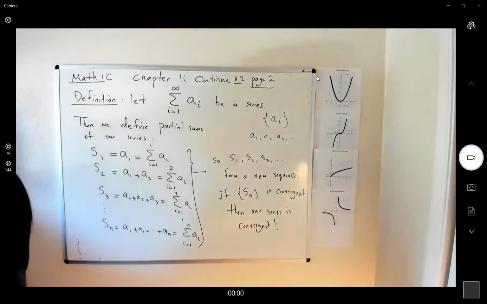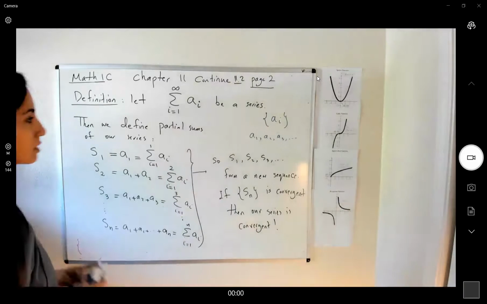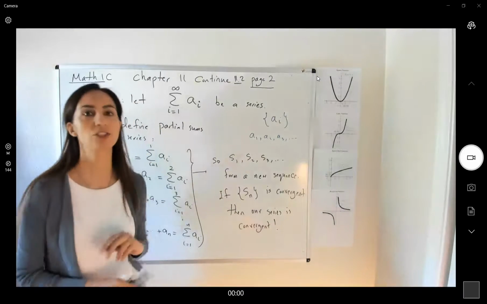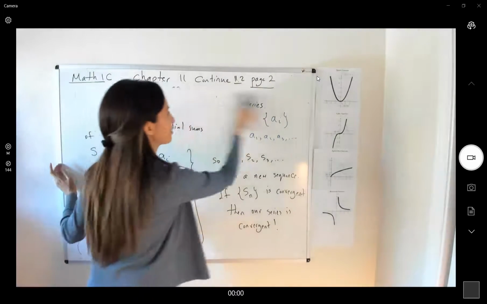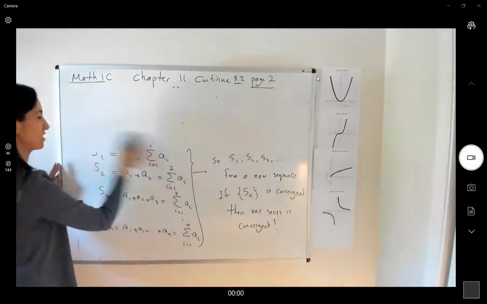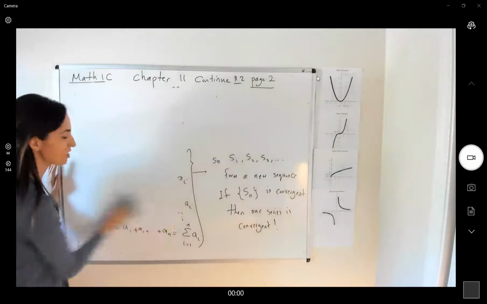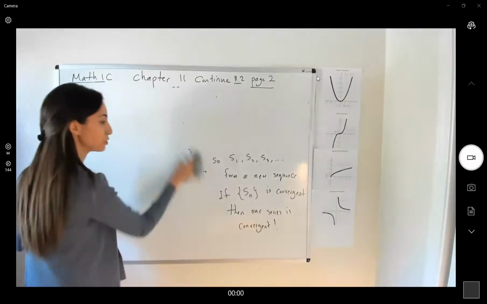Okay, this was our definition. We say that if this sequence is convergent, our series is convergent. Okay, let's go over some techniques. I'll give you some nice formulas to analyze your series, these new objects, these new functions.